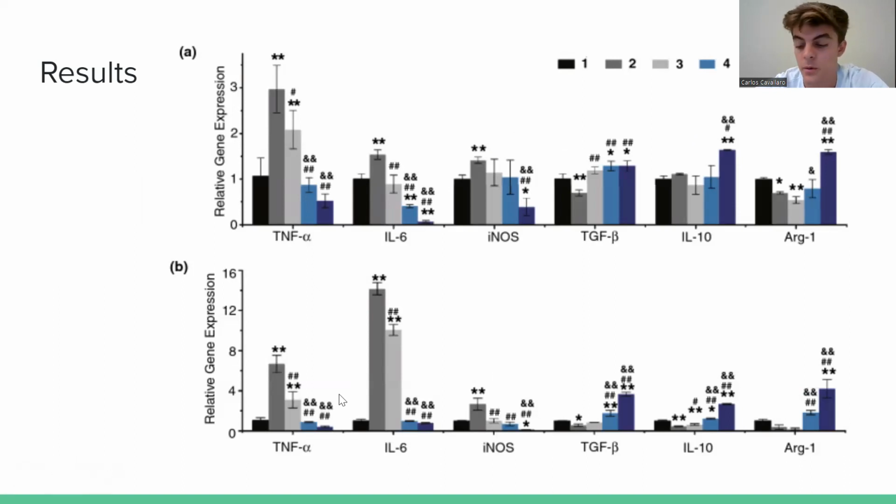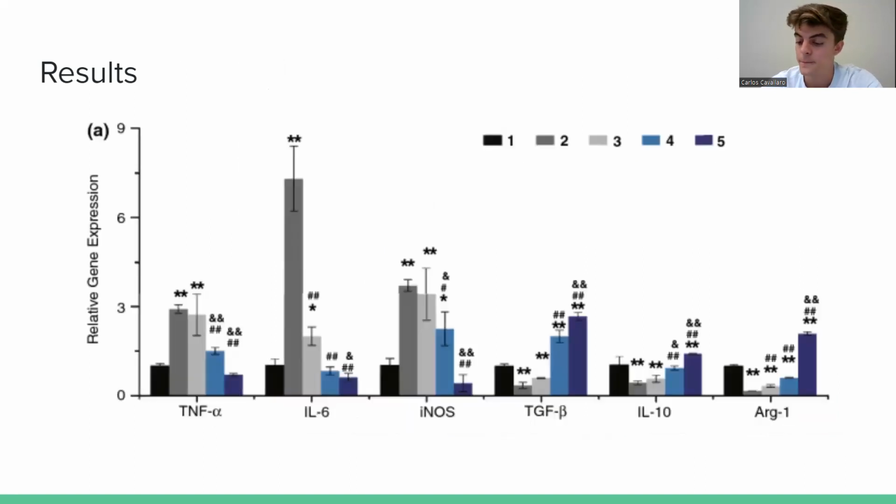This shows that there were much fewer of the M1 macrophages, which are the ones that promote insulin resistance, and more of the M2 macrophages, which is what you want to see, and those ones promote insulin sensitivity.